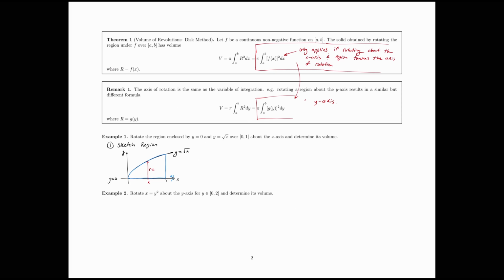You could say, well, that's the y value because it's attached to the x-axis. And then you can say to yourself, since we're rotating about a horizontal axis, we actually want this written in terms of x. And the relationship between y and x along this curve is this. So ultimately, our radius is y, which is then the square root of x.